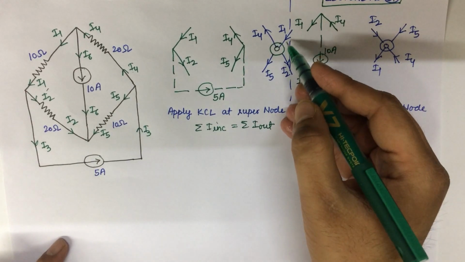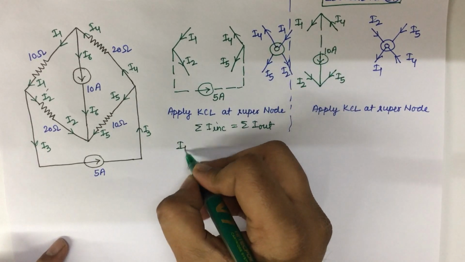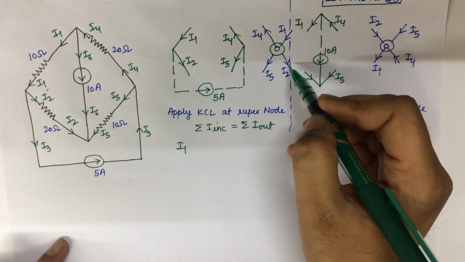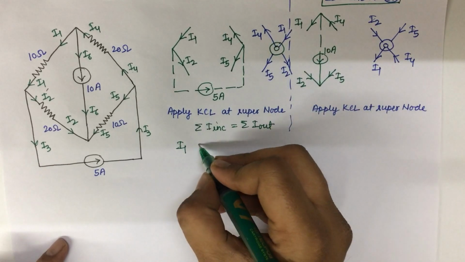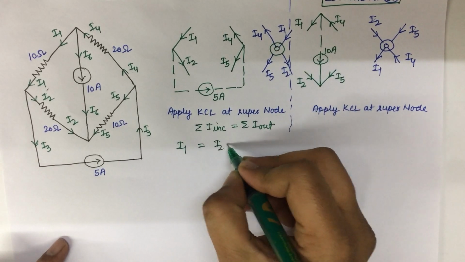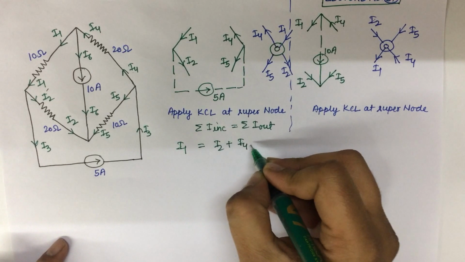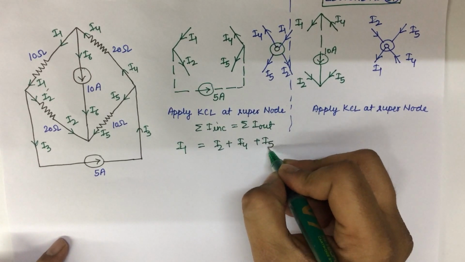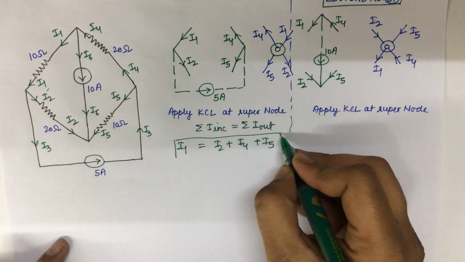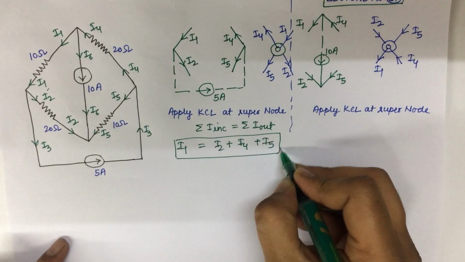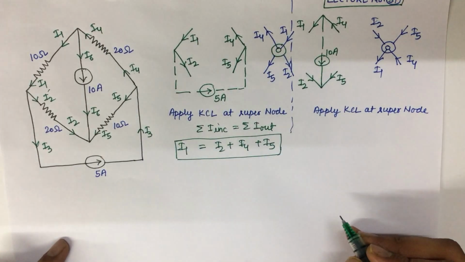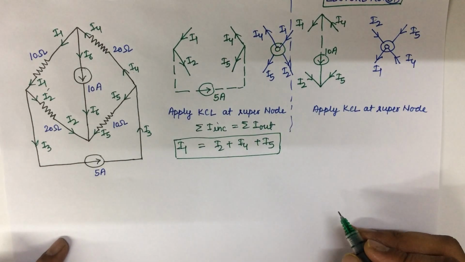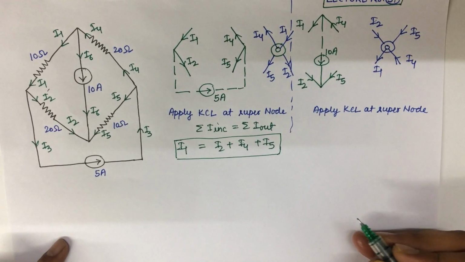What is the incoming? I1. And what is outgoing? I2, I4, and I5. So I1 is equal to I2 plus I4 plus I5. In this way we can write this equation in terms of the currents I1, I2, I4, and I5.